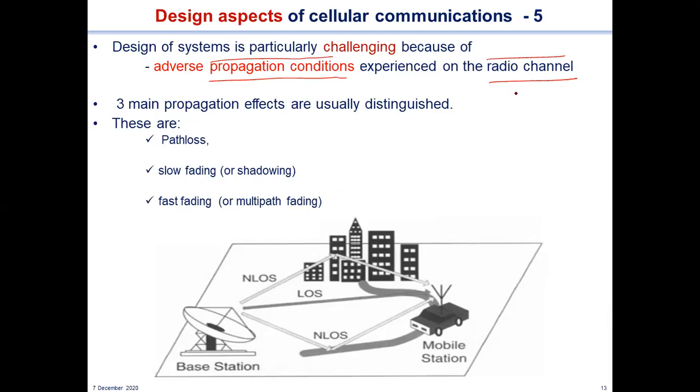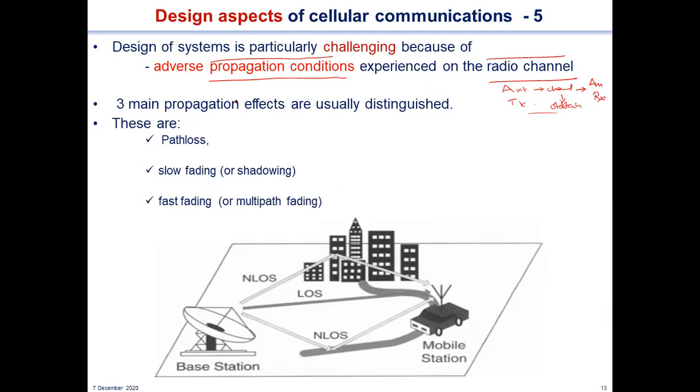Radio channel means it may be due to the transmitting antenna, starting from antenna properties. Channel means all obstacles, and there may be a problem with the antenna of the receiver also. So three components are involved here.